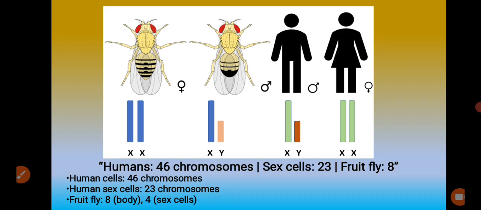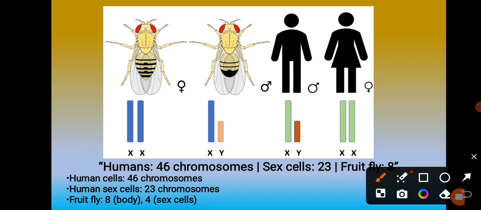In the case of the fruit fly, there are 8 in the body cells or somatic cells, whereas in the haploid germ cells they have 4. So 46 chromosomes in a diploid, 2n, whereas n is 23 chromosomes. In a fruit fly, 2n is 8 and n is 4.